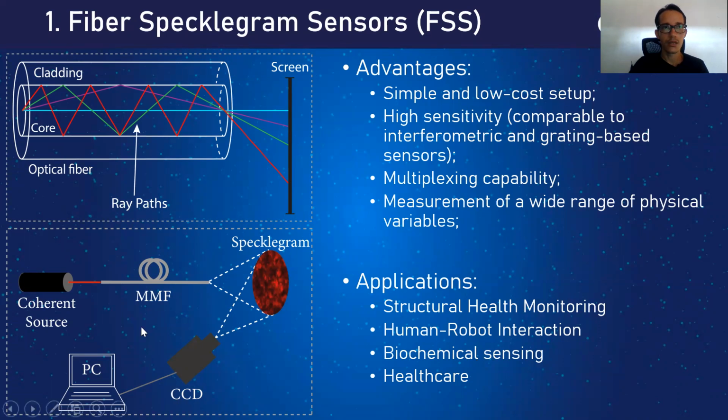The setup of a fiber specklegram sensor is simple and can be designed using components of relatively low cost, including a coherent light source, a multimode fiber, a charge-coupled device camera, and a computer for running the algorithms involved.